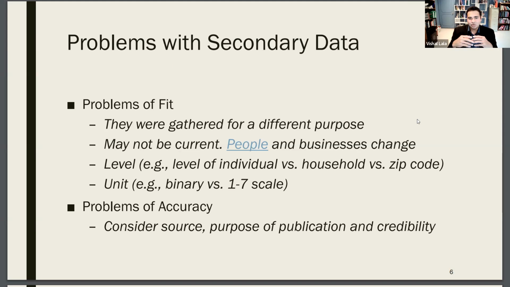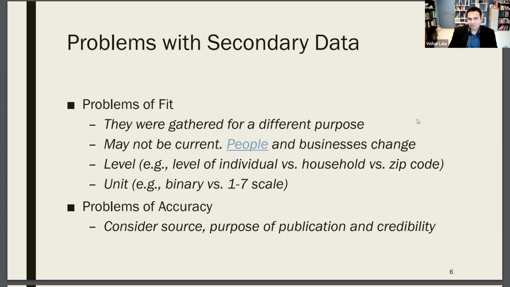But what the US Census will share with us is the median income for that block. They won't give information for an individual. And therefore, when using such data, one has to compromise between getting individual level data and getting more aggregate level data.